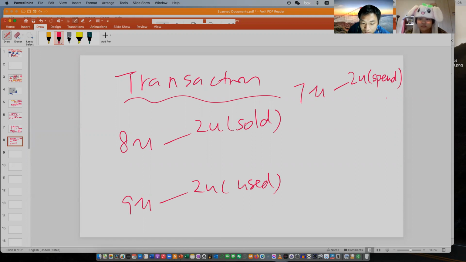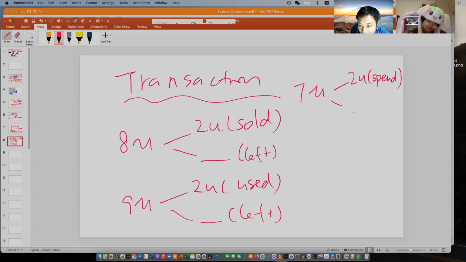When you have all these, sold away, used, or spent, you always end up with left. So in fact, the word left should signal to you to think of transaction or the branching method. Because I realized one thing: you need to see the question and immediately link it to the branching method.